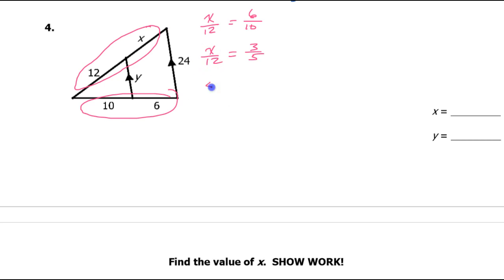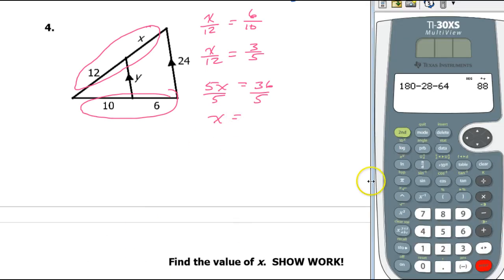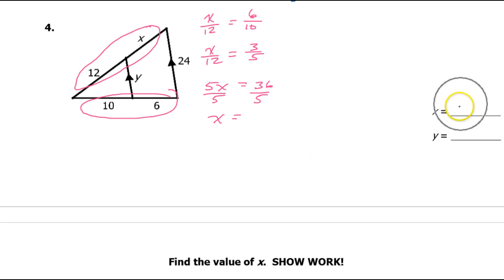And now if I cross multiply, that's going to give me 5x from this diagonal and 36 from this diagonal. Alright, and then I'd have to divide both sides by 5. Alright, and that's 7.2. So x is 7.2.